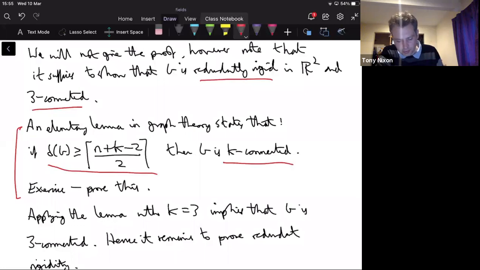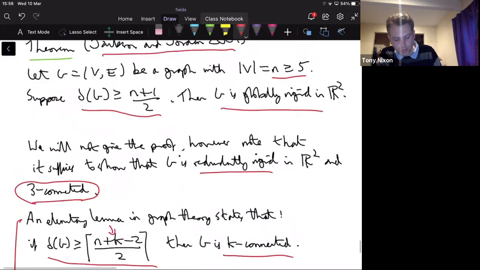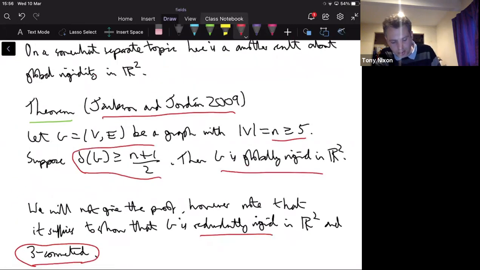And obviously for the 3-connectivity that they want, you just plug in k equals 3 and you get (n plus 1)/2, which is exactly the degree bound in their theorem. So applying this elementary graph theory result tells us that the graph will be 3-connected. And so all that remains is to show that this condition guarantees redundant rigidity, but I will leave that out.